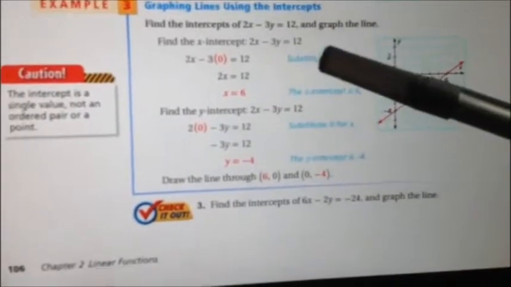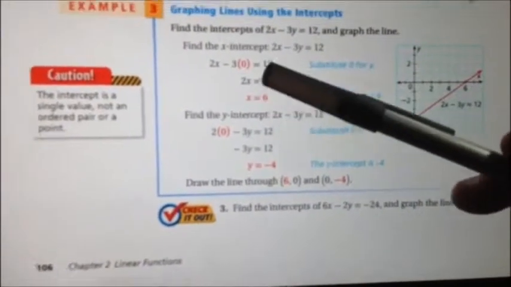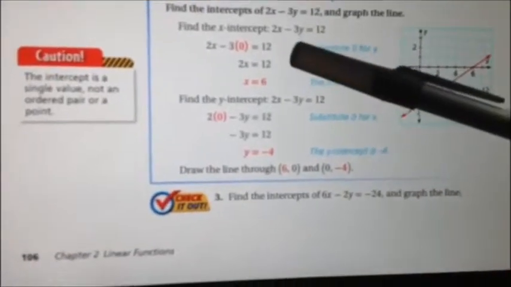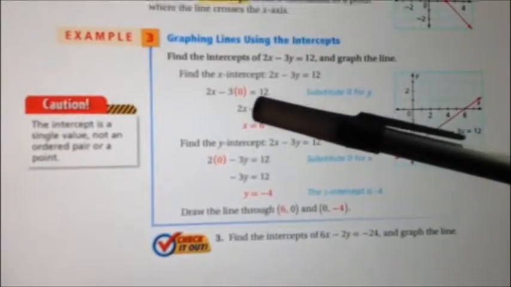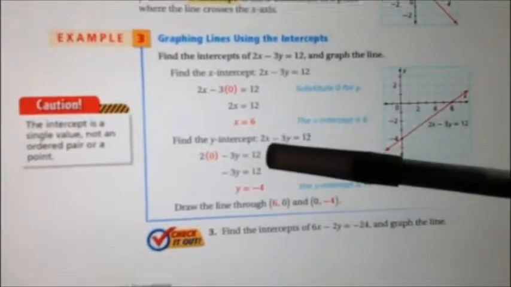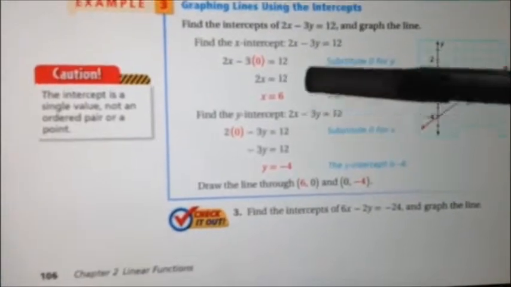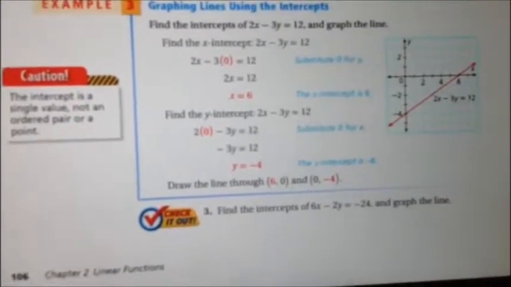To find an intercept, you substitute x or y with a 0. In this case, if you want to find x, you have to put a 0 on y to only find x and leave x alone. Find the x-intercept of 2x minus 3y equals 12. 2x minus 3 times 0 equals 12. 2x equals 12.